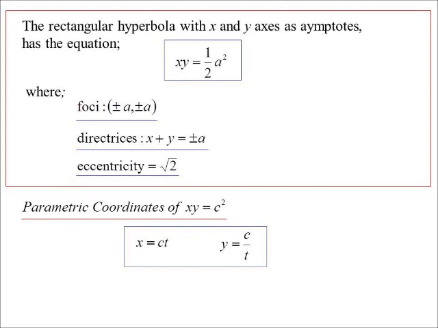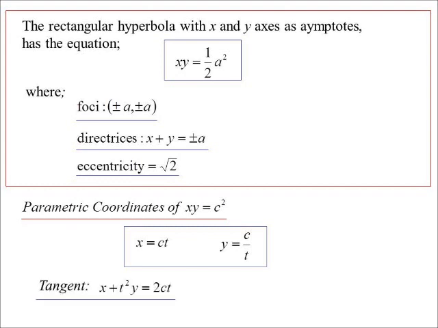So when you multiply them together, the t's cancel, you get c squared. So that parametric form has got nothing to do with the auxiliary angle, like the ellipse and the regular hyperbola did. It's probably more like the parabola. So remember, the parabola didn't talk about an angle, it was just 2at squared. So it's more like that parametric form.